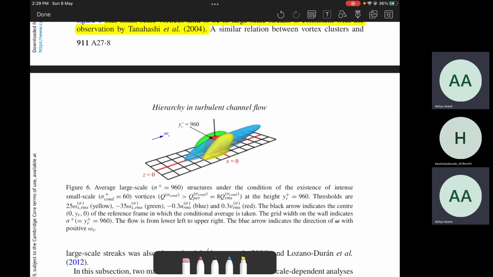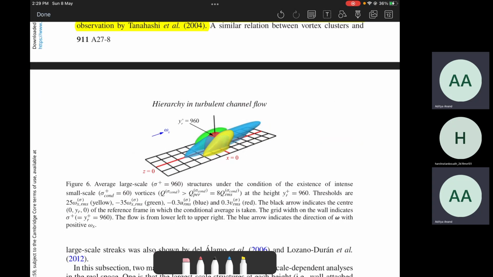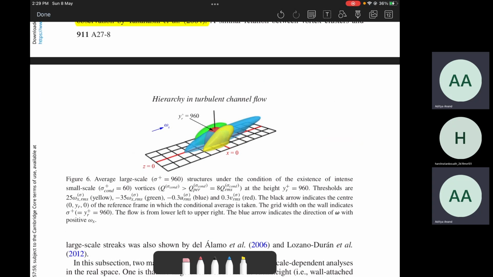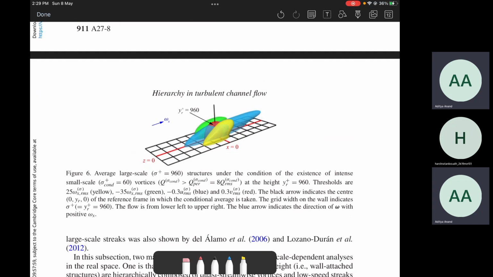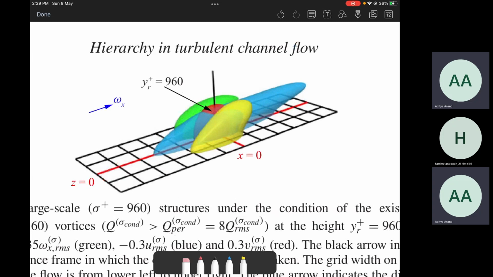These blue and green curves are basically vertical motions. If one of these is positive, the other one would be a negative vertical motion. The blue region in between them is a streaky structure which can be a low speed streak or a high speed streak.